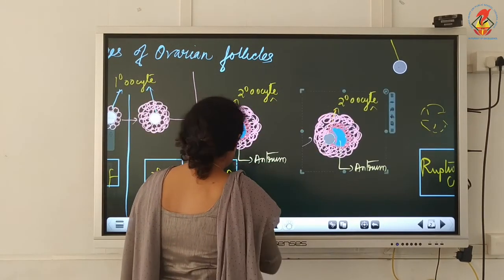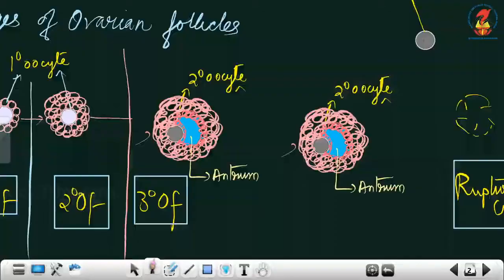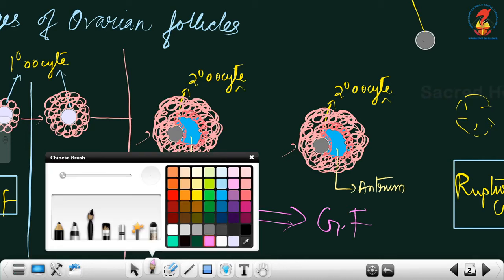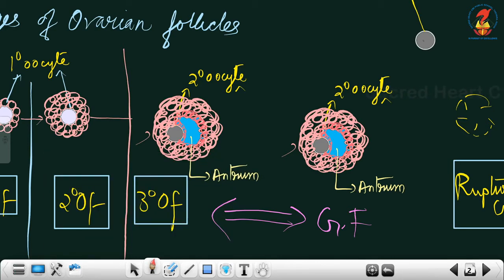That Graafian follicle is exactly equal to tertiary ovarian follicle. Then what is the difference? The difference is that, I am indicating with green, the secondary oocyte is surrounded by a layer called zona pellucida.